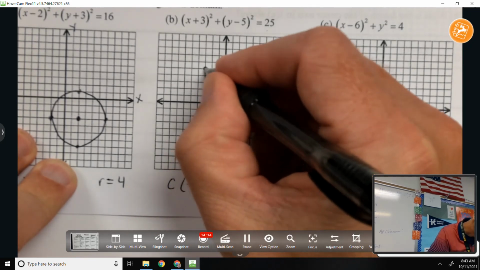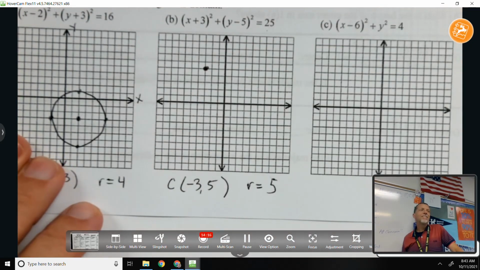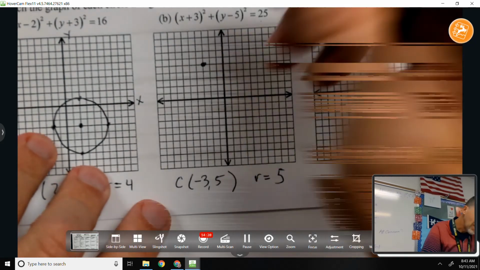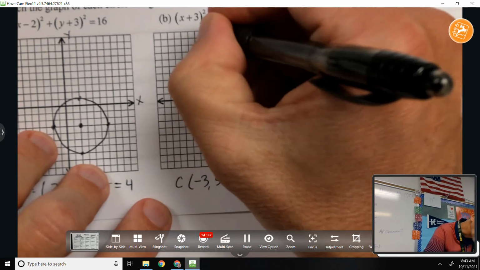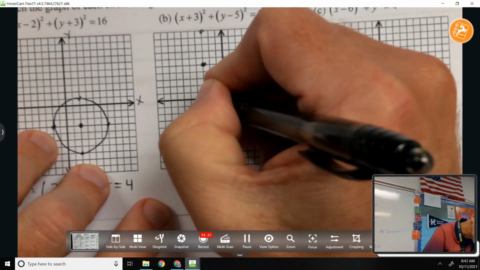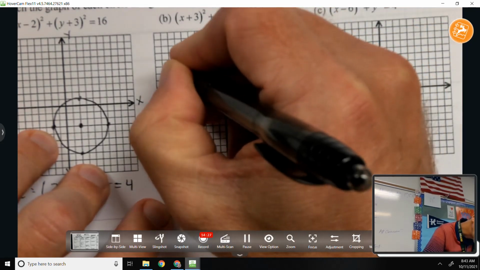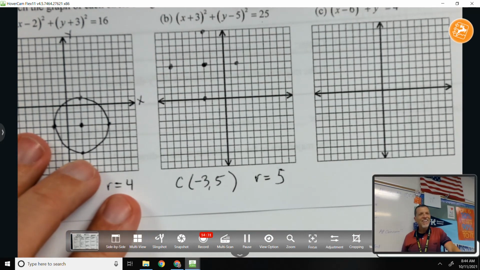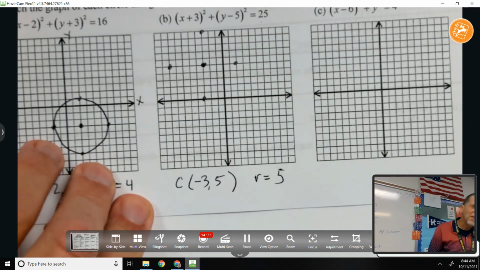So, -3, 5. Again, this isn't hard. Just be careful. Double check that you're in the right spot. Don't graph a square. As best you can, draw a circle, not a diamond.